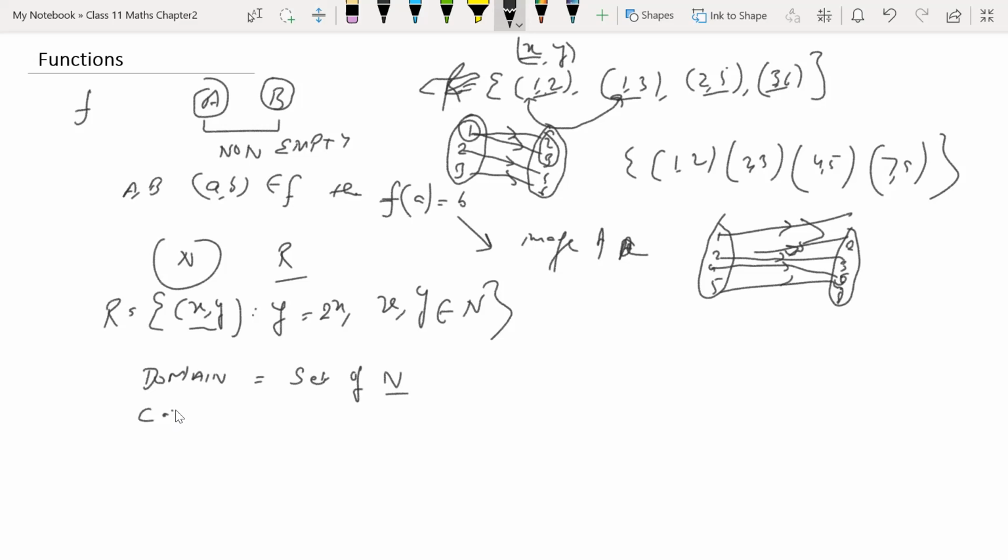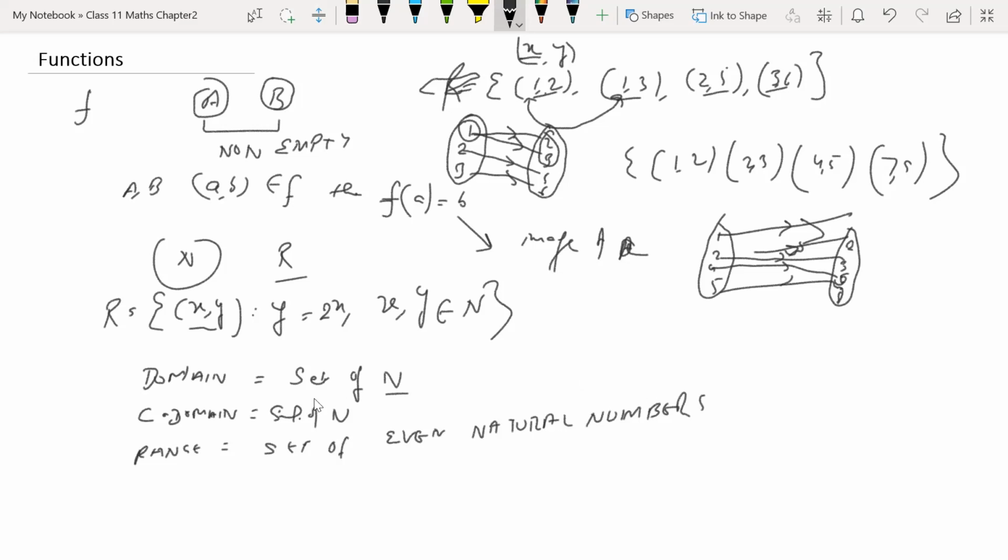Codomain is the image value, that is y. Codomain is also the set of natural numbers. And range is the image value. Range is the set of even natural numbers.